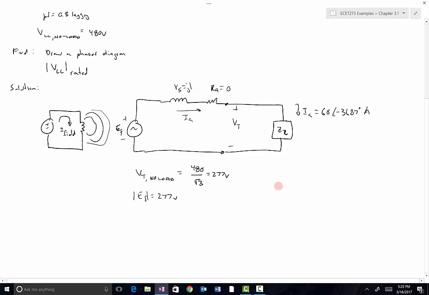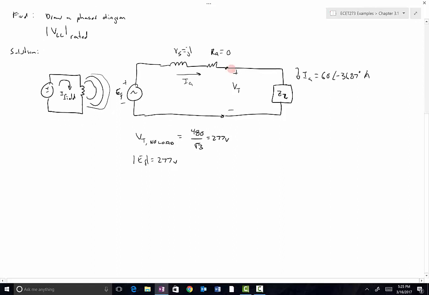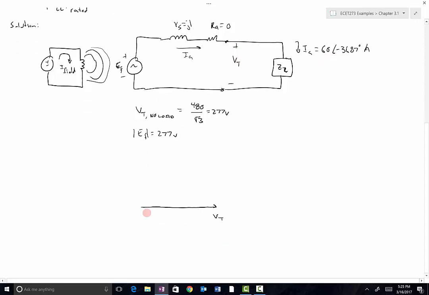So if I want to draw the phasor diagram for this, in generator analysis it's very common to take VT as the reference phasor. So we draw VT here, and we've got a current of 60 at angle negative 36.87.